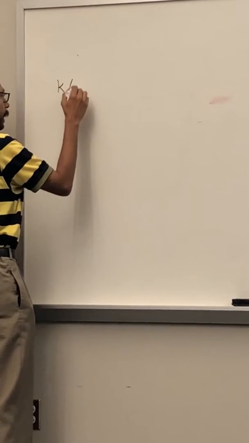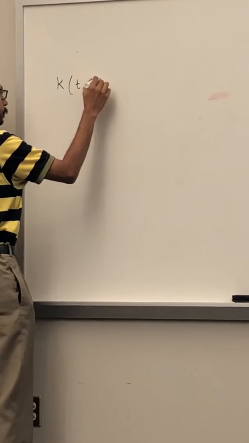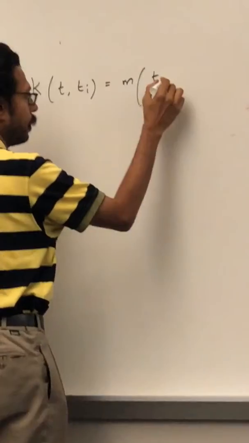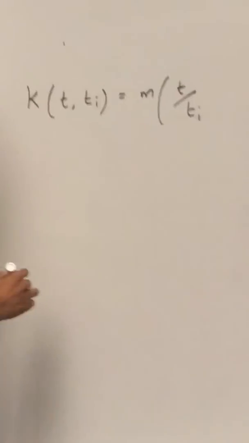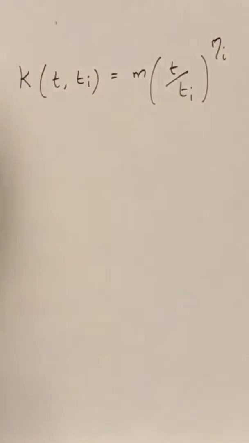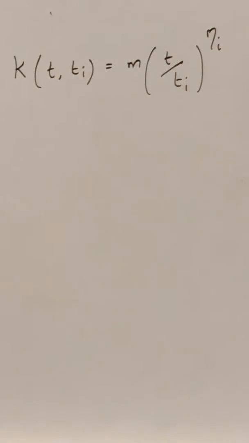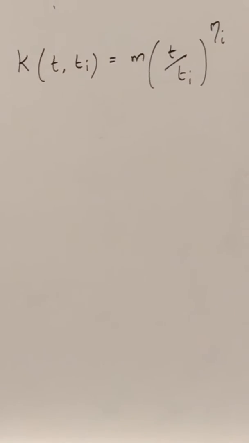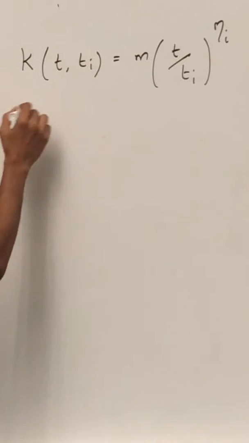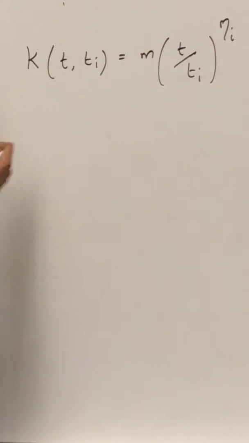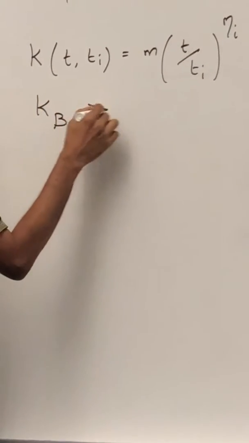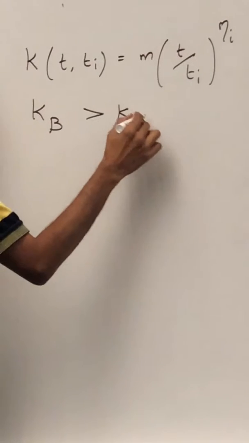The degree of the node at joining time Ti at some future time T would be simply raised to eta I, because beta of eta I is a function that is the same as eta I. So we want to find the time starting from which KB will be greater than KA.